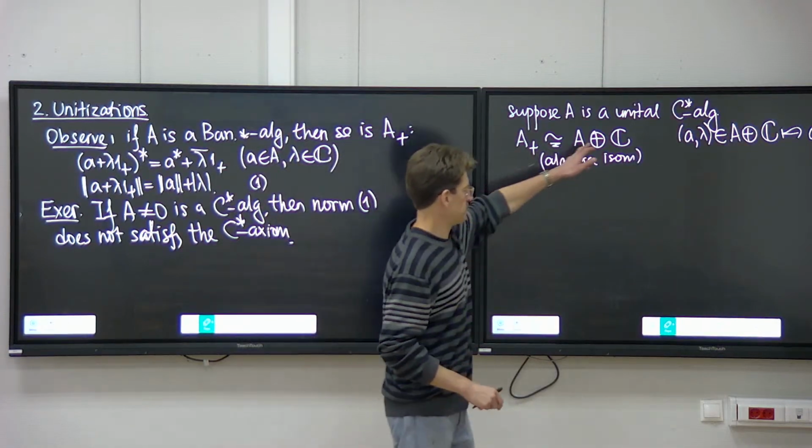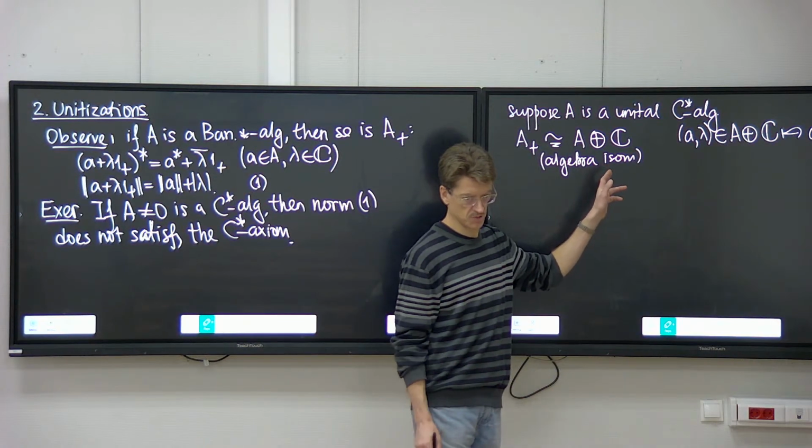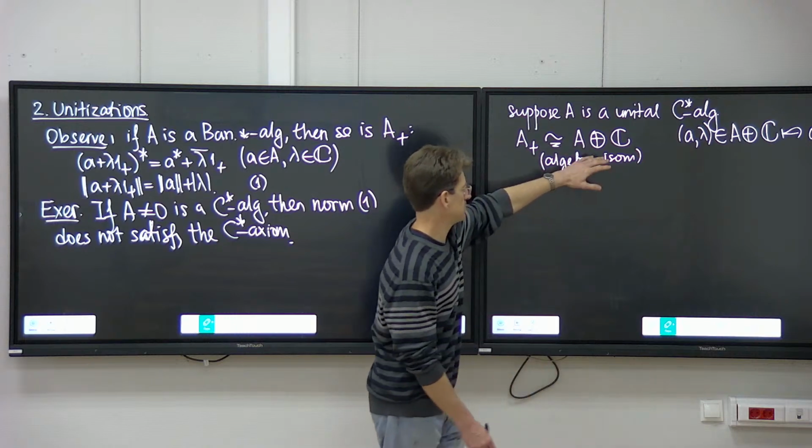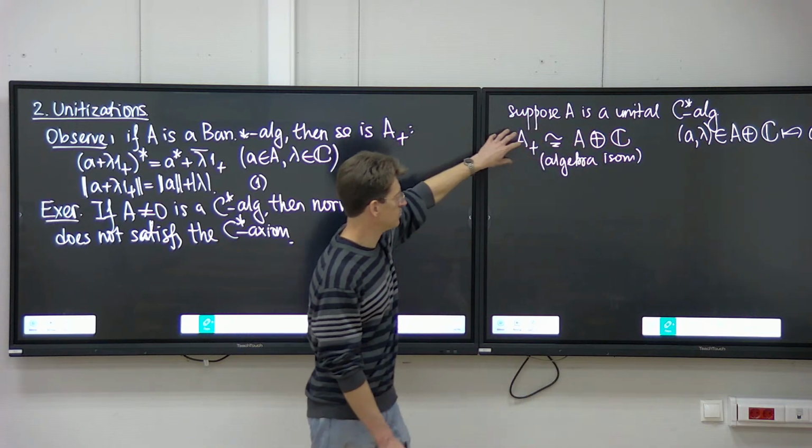But we already know that the product, the direct sum of two C-star algebras, is a C-star algebra. So we can now just take the C-star norm on here and move it to A plus.